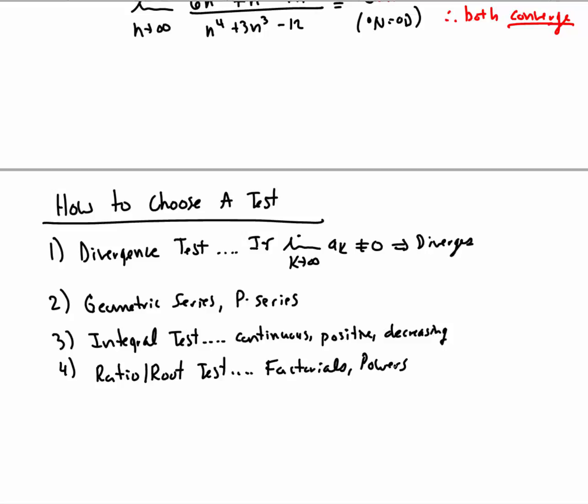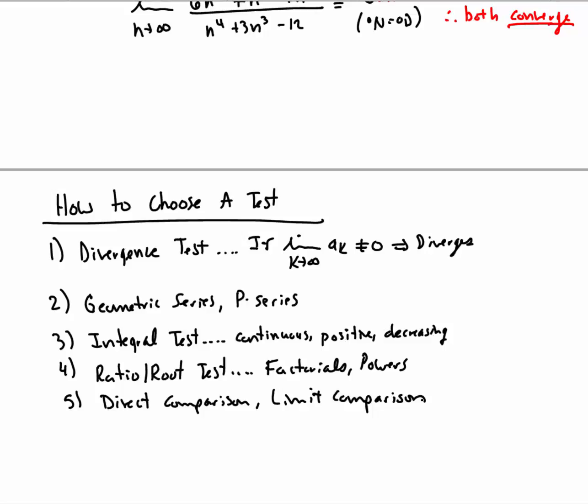That would be something that could work out here. And then, I guess if all else fails, we're at direct comparison and limit comparison. Now the reason why direct and limit comparison are kind of toward the end here, you have to come up with a series to compare it to, and that's sometimes complicated. You can come up with a series to compare it to, but it has to fit all the different criteria that we have going on here. So these can get to be pretty long problems.